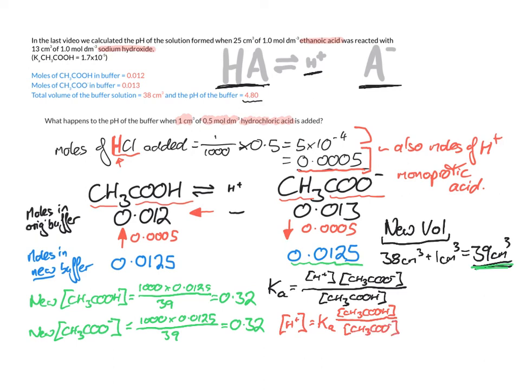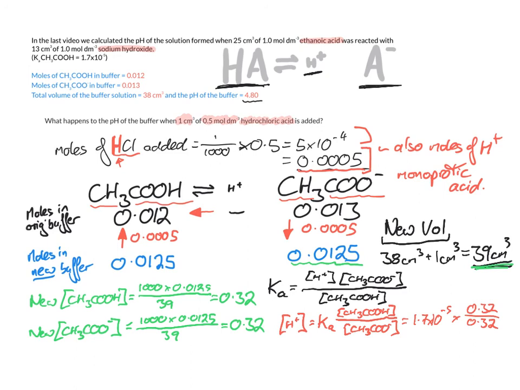Should be pretty straightforward. We've done this a number of times. That's going to equal 1.7 times 10 to the minus 5 times 0.32 over 0.32. Again, write it in. It is part of the sum.